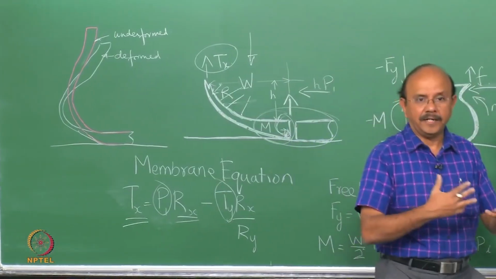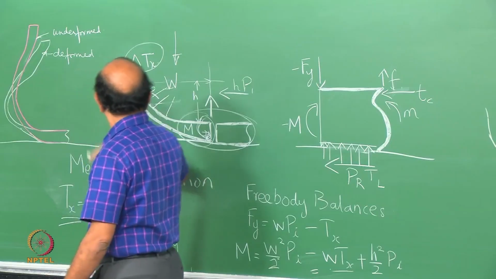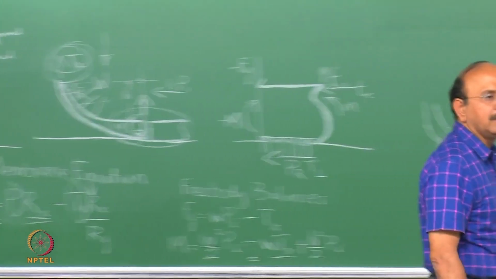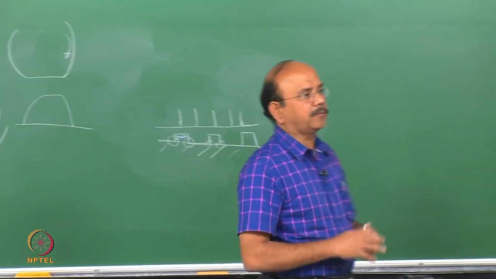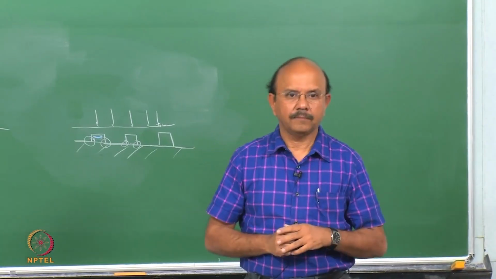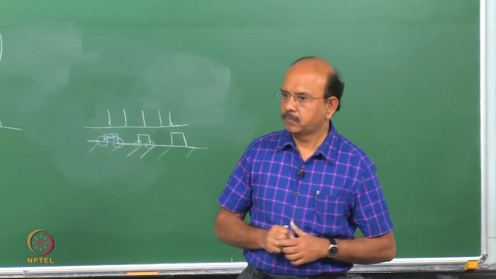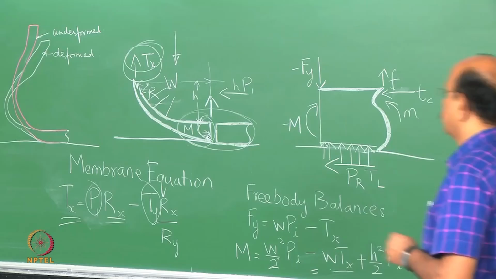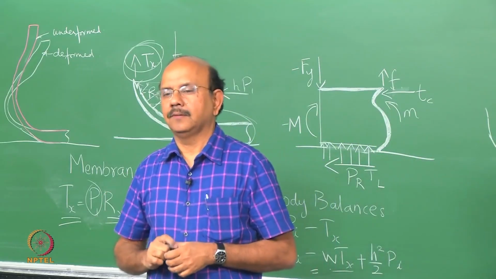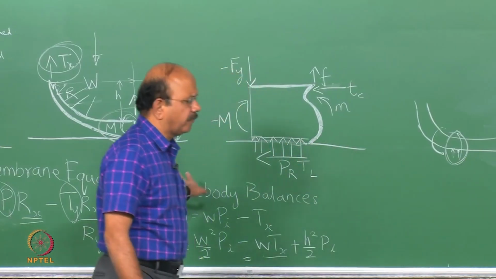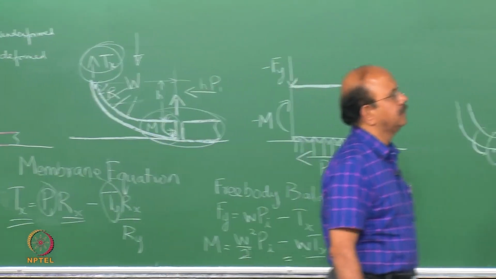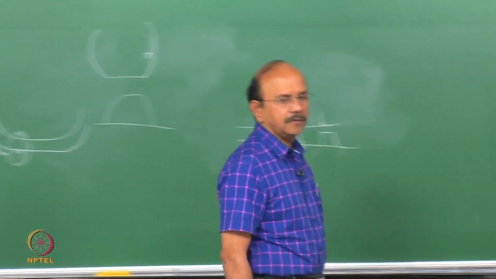Because of this bending, and of course because of the membrane forces and so on, the contact pressure is not the same as the inflation pressure. Clear? That's the first important point. Now there are a number of design parameters which affect the contact pressure. Let's agree that it's not the same.